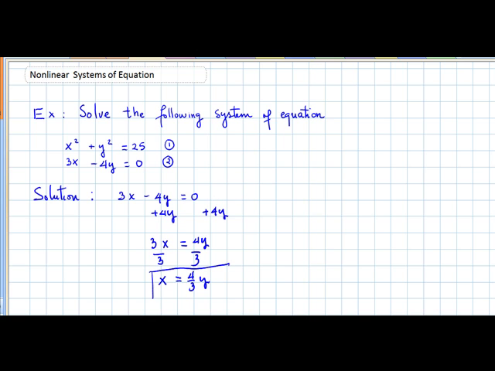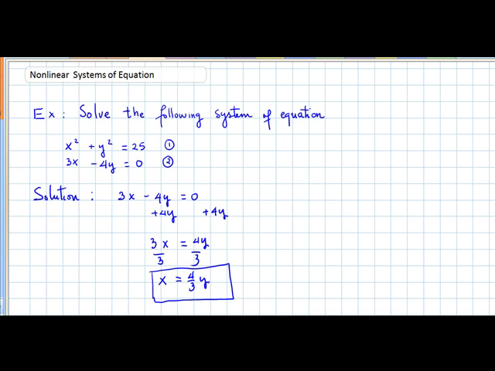So this is what I need to substitute back into equation 1. Since I already used equation 2 to rewrite x in terms of y, now I'm going to use this to substitute inside equation 1, not 2, because I already used equation 2.